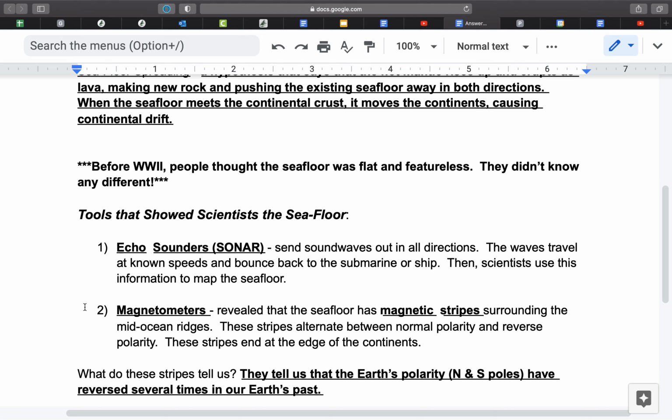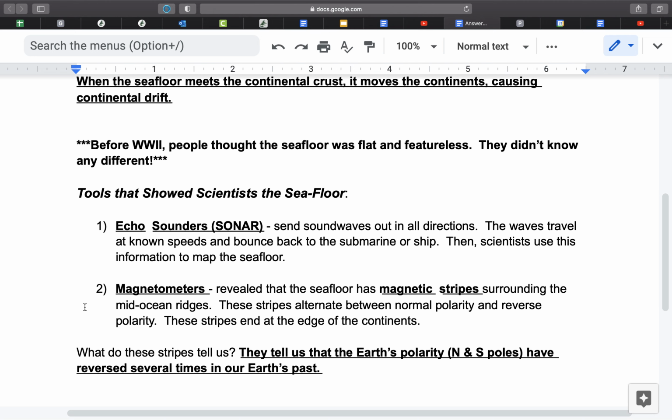So you have the North Pole basically flip-flop with the South Pole, and the iron in these basalt ocean rocks on the seafloor will orient themselves based on the orientation of that magnetic field at the time that they formed. So we can not only see that the Earth has flip-flopped its magnetic poles over time, but we can also get an idea about how old these rocks are and also how often that magnetic field will switch.